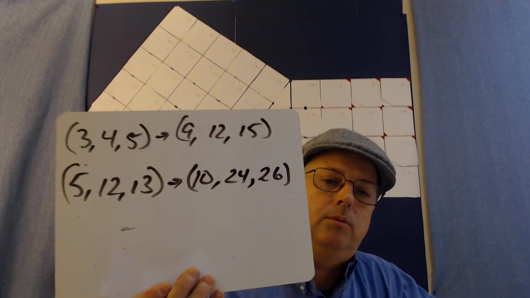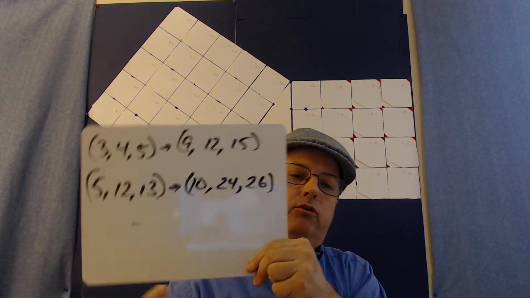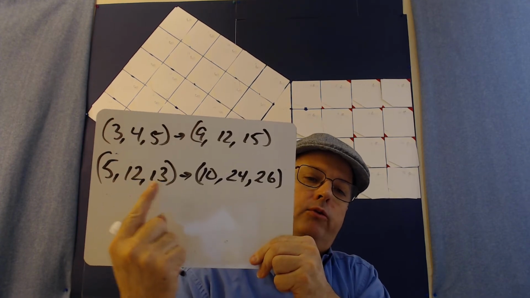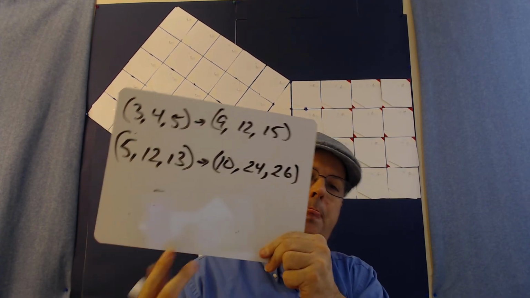And then we had multiples of those: 9, 12, 15, and 10, 24, 26. We had multiples of those Pythagorean triples. And in these Pythagorean triples, the C value is 1 more than the B value.